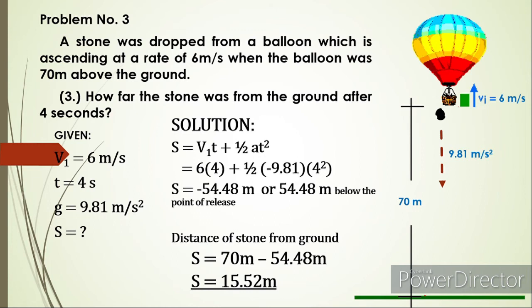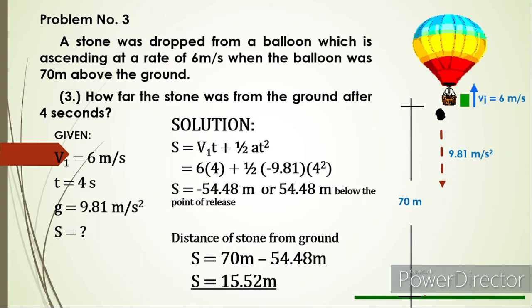Ibig sabihin, kung nirelease yung bato ng 70 meters ang taas ng balloon, tapos after 4 seconds ay nasa 54.48 meters siya from point of release, therefore, ang bato from the ground ay is equal to 70 meters minus 54.48. S is equal to 15.52 meters from the ground.